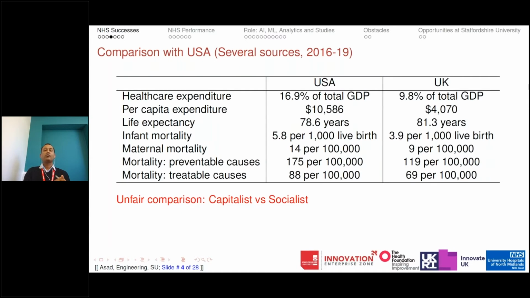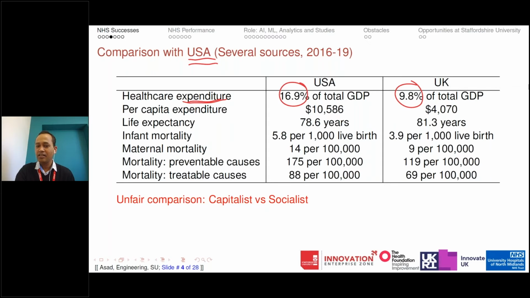Now let's talk about the performance of NHS. So I am going to compare with USA first, and then I'll go to the comparison with other European countries. Now, if we look at the expenditure, healthcare expenditure in USA is around 17% of their total GDP, whereas in the UK around 10%.